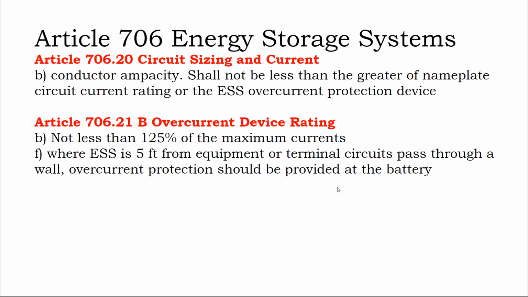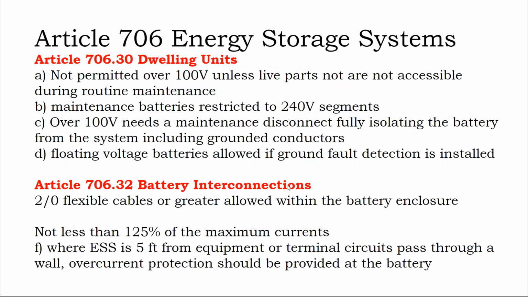And that should be not less than 125% of the battery circuit, kind of a standard thing. The location of the overcurrent, if you're more than 5 feet away, should be at the battery itself rather than at the equipment, so that it fails at the battery rather than at the equipment.